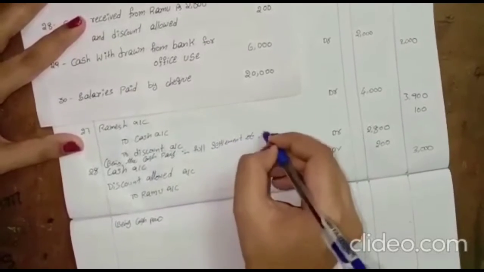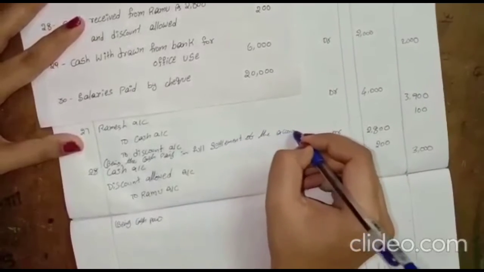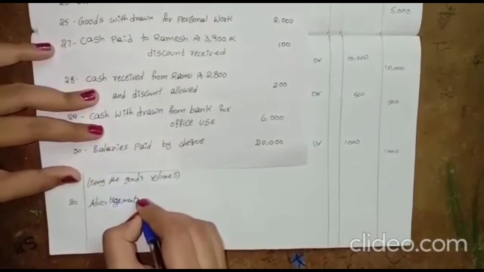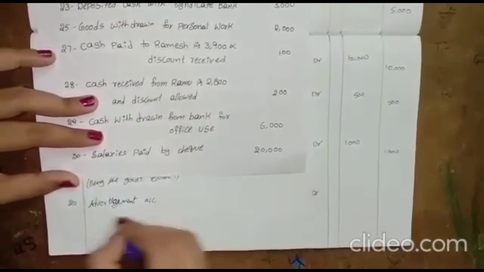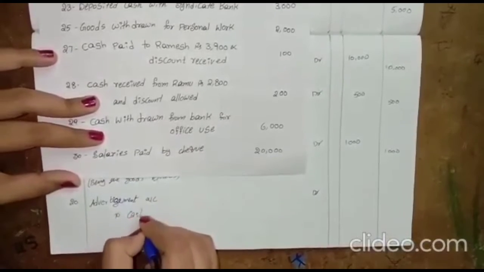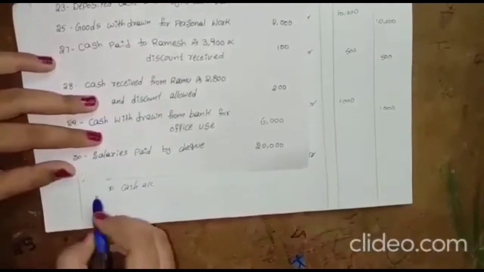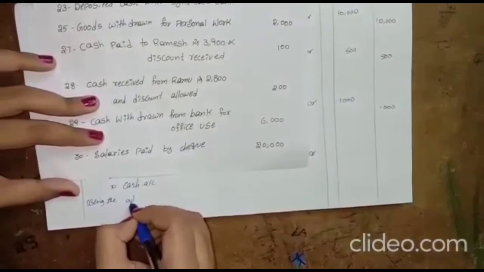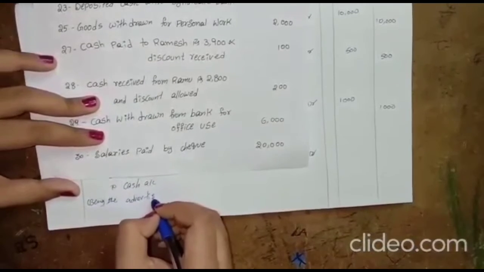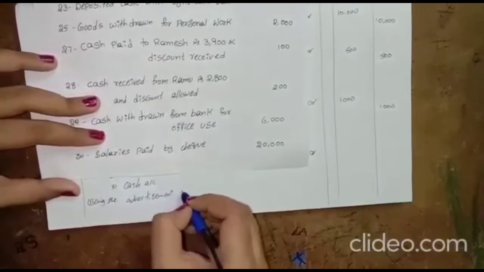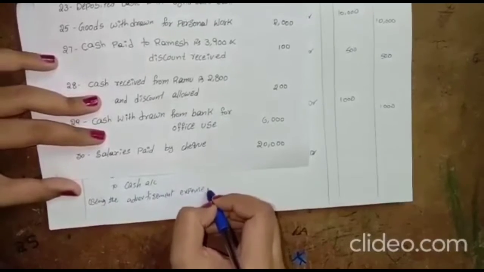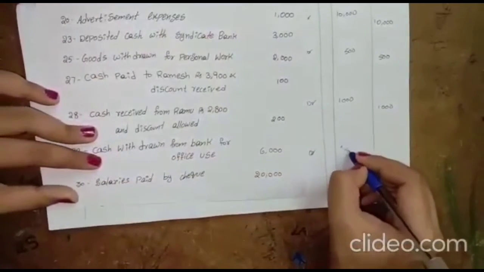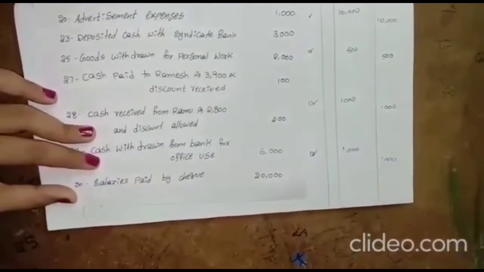Advertisement account, debtor to cash account. The narration is being the advertisement expenses paid. The amount is also 1000 rupees.